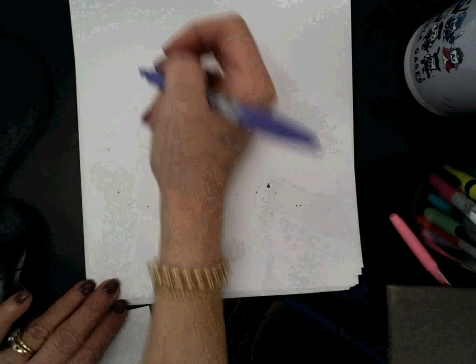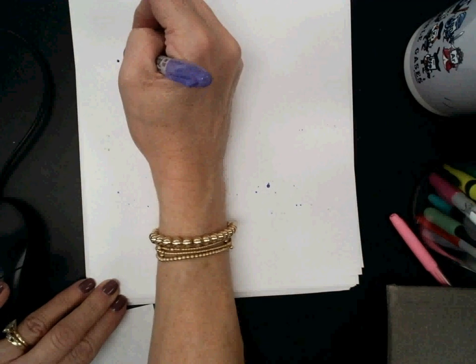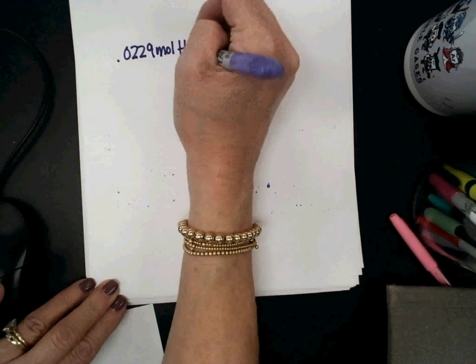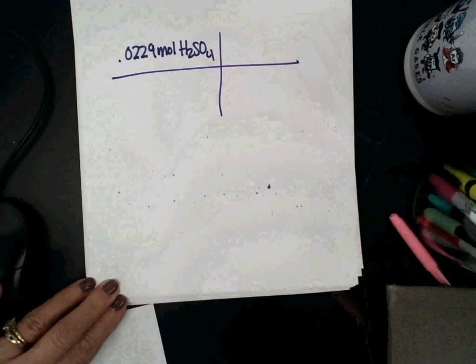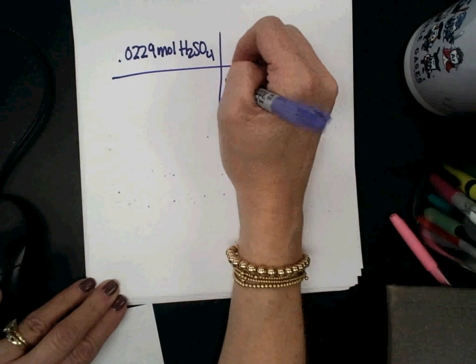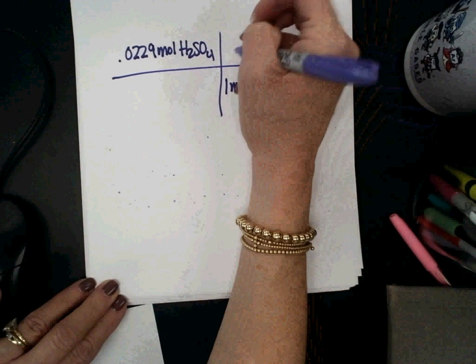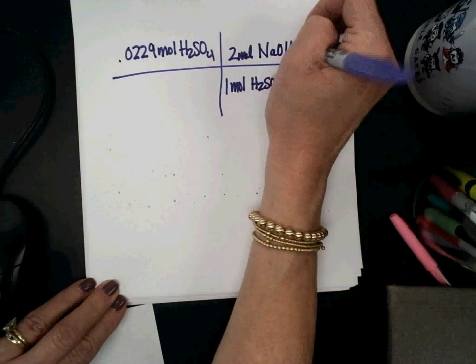So I have 0.0229 mole H2SO4, and for every 1 mole H2SO4 I have 2 mole NaOH.